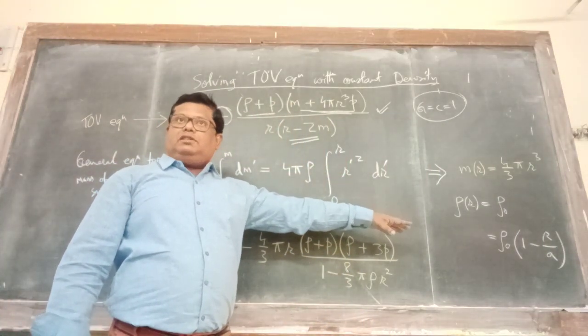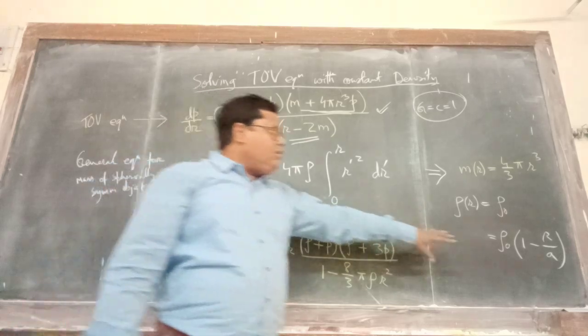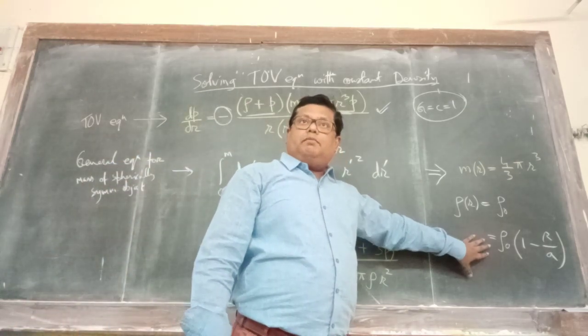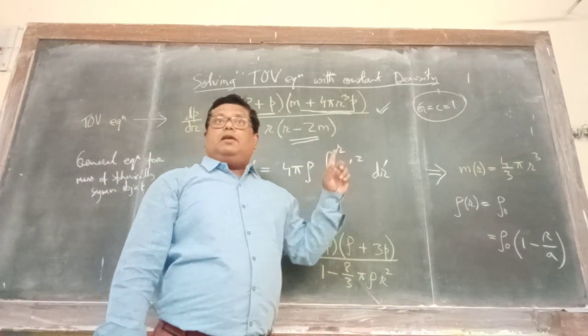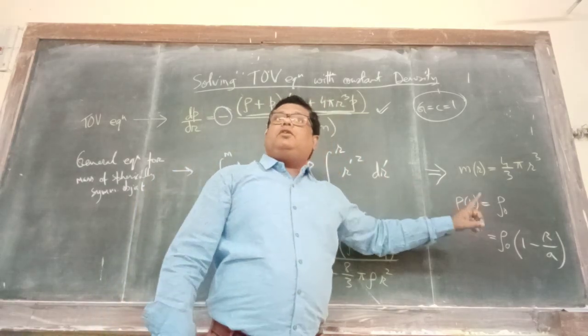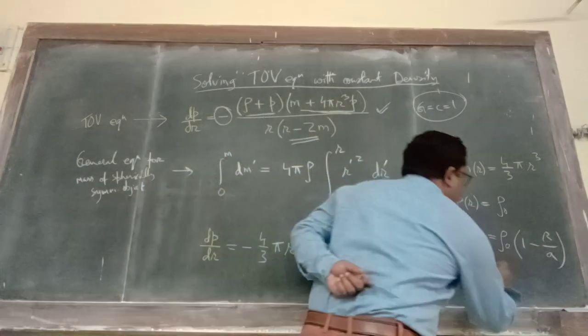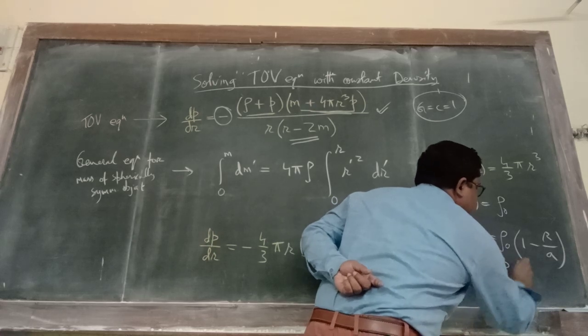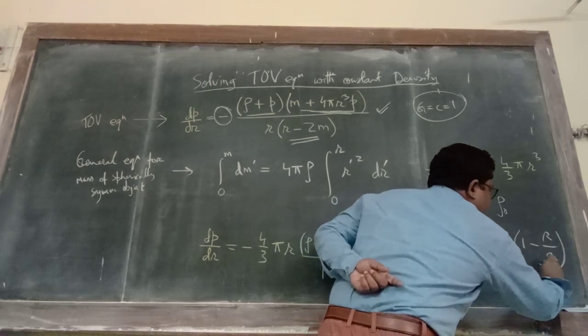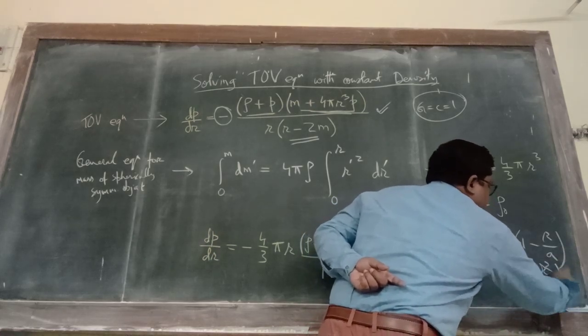If you look at my lectures, you will find that we have already solved this, but not for the relativistic case; we have solved it for the non-relativistic case. Next is the quadratic density model. What is that? It is like this: 1 minus r square by a square.